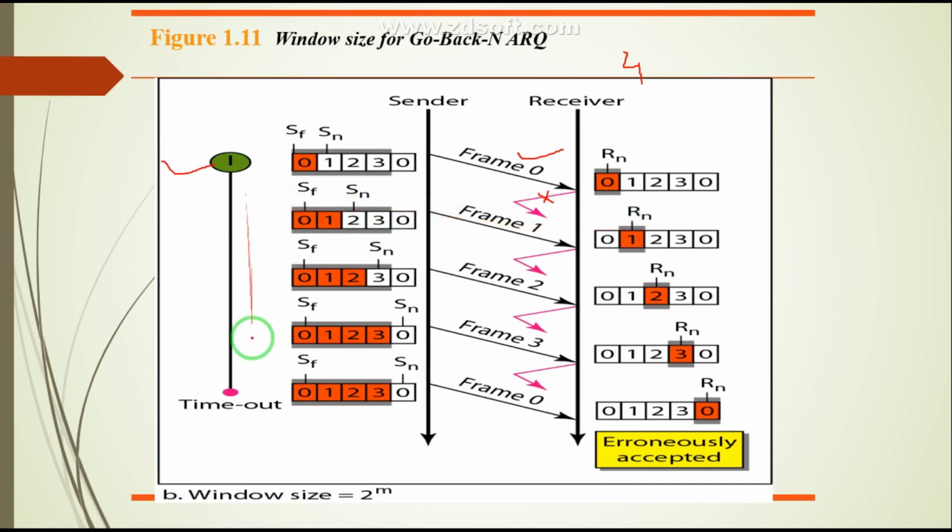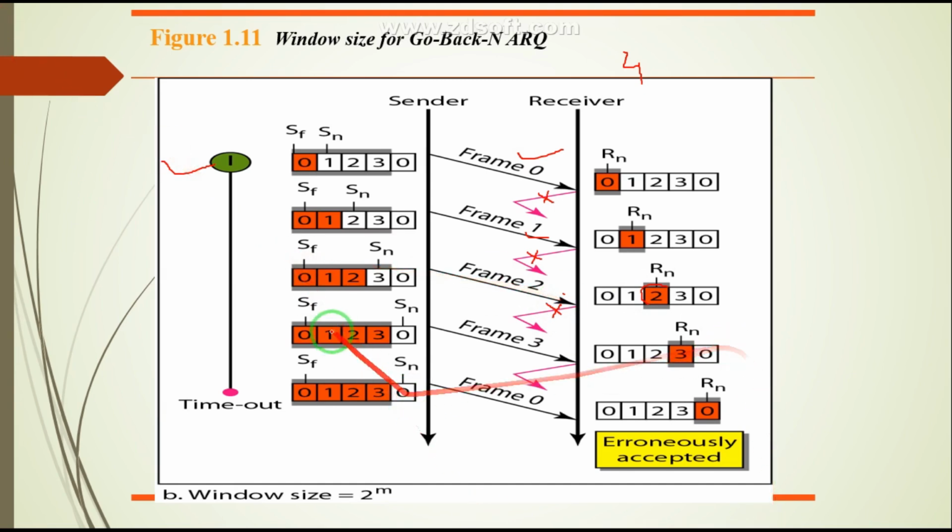Also the timer doesn't expire, so the sender is going to send frame 1. For this frame 1 it sends the acknowledgement, but still the acknowledgement is lost. The receiver receives frame number 1, so it shifts to slot number 2. So frame 2 has been sent. Again the acknowledgement from the receiver side is lost.